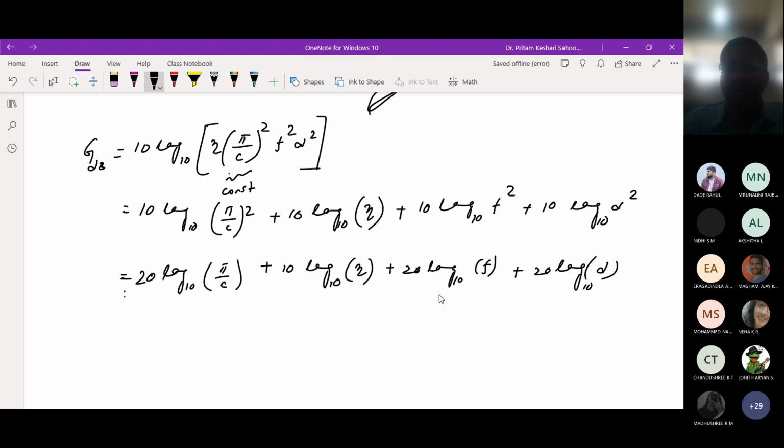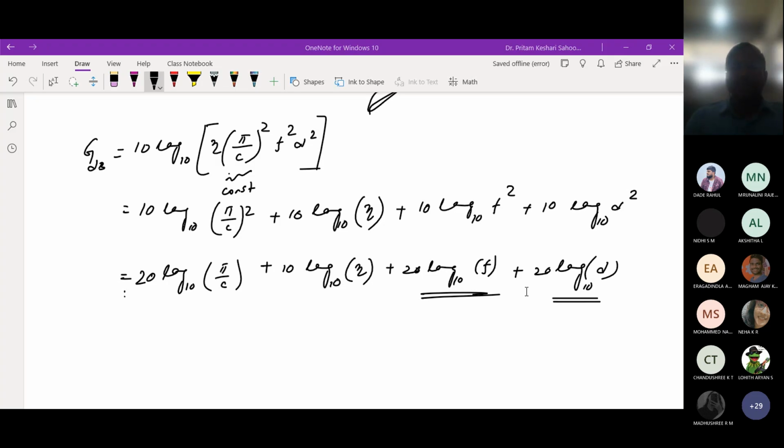This expression again tells us that the gain in dB is also proportional to the frequency and the diameter of the antenna. Got my point?